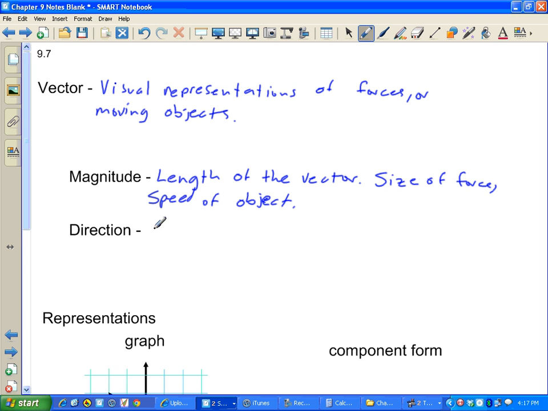It's the direction of movement, and this can be with respect to different things. It's usually with respect to the x-axis, but not always.